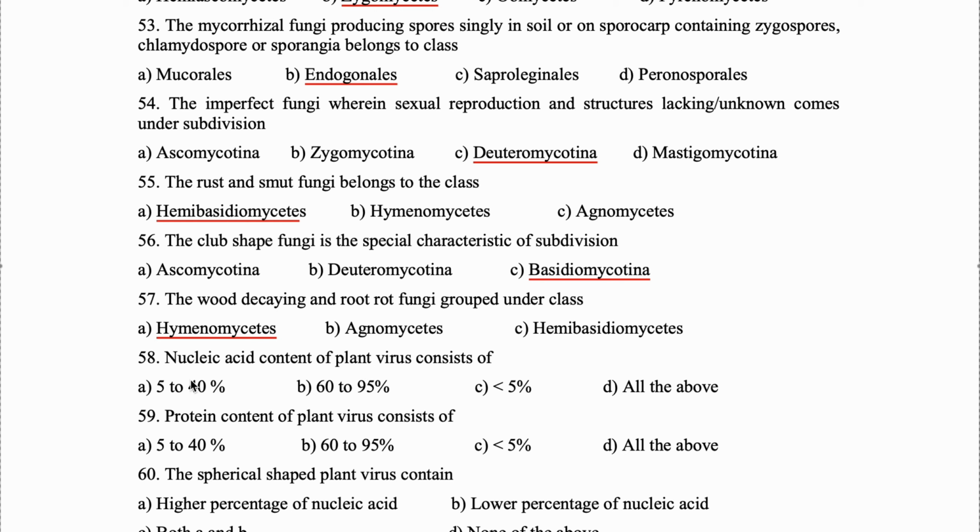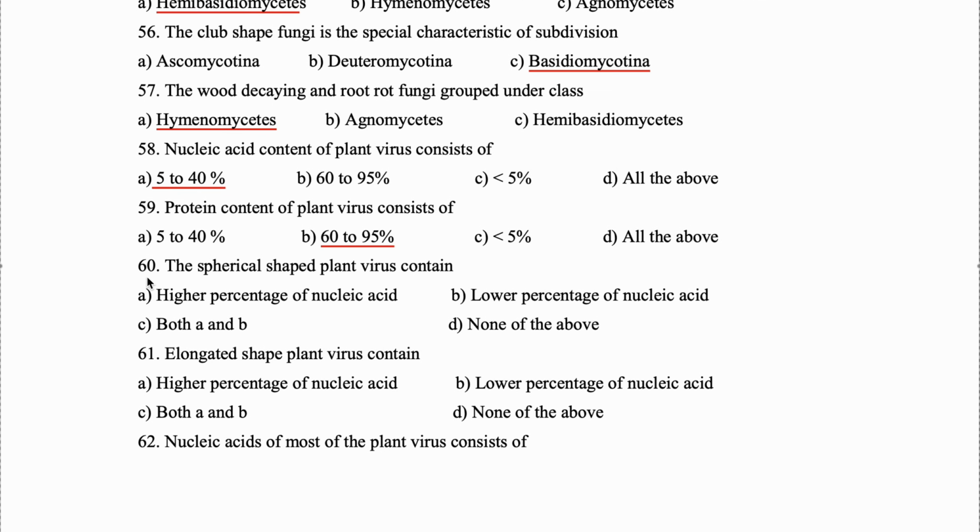Next, 58. Nucleic acid content of plant virus. It consists of 5 to 40%. This percentage is important. Similarly, we will see the protein content of plant virus consists of 60 to 95%. Nucleic acid is 5 to 40 and protein content is 60 to 95%. Next, 60.